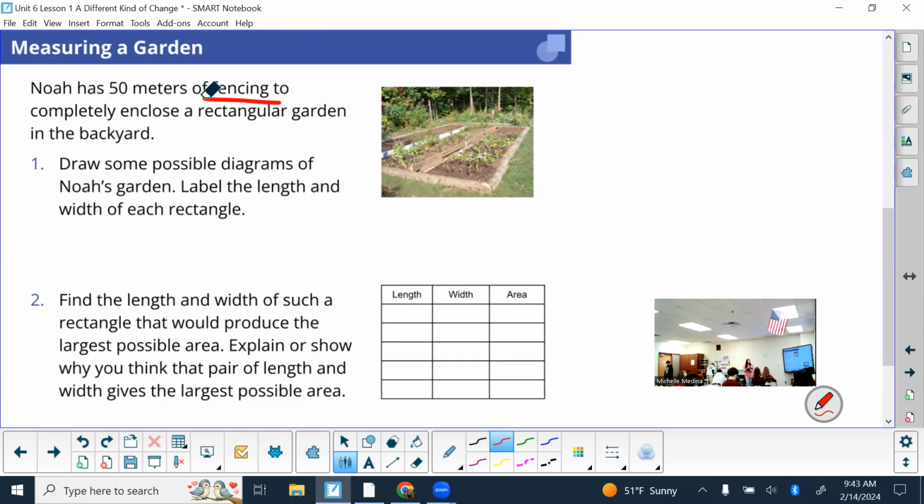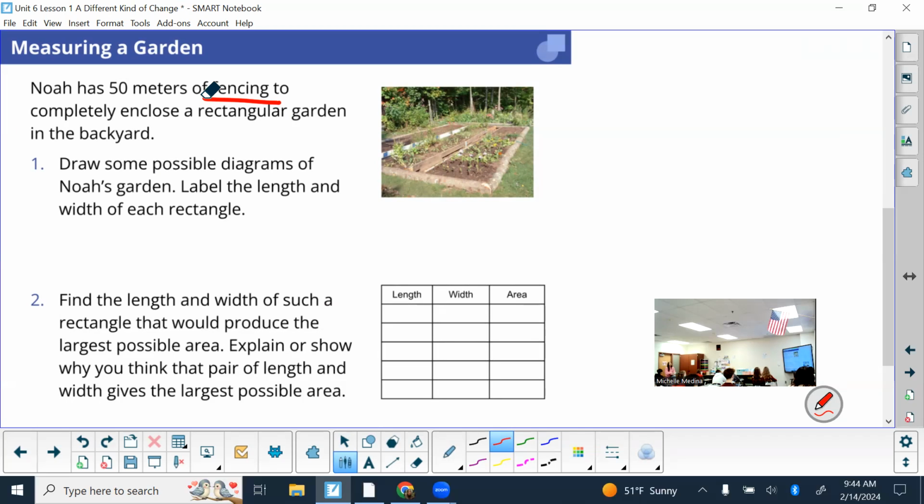Where does fencing go in relation to the garden? Describe it to me. Have we ever seen a fence? Please say yes. Are we alive? Okay, so where does fencing go in relation to a garden?